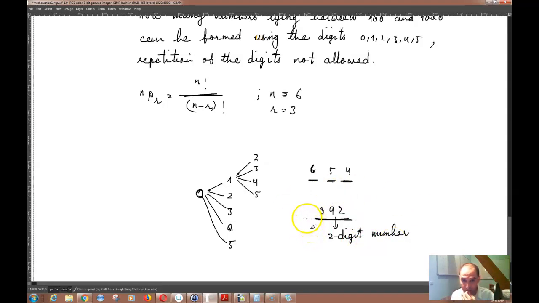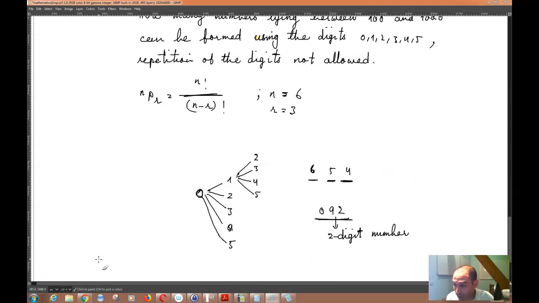What that means is that we have to somehow take all the permutations of this 0 out. So how do you calculate the permutations of 0?